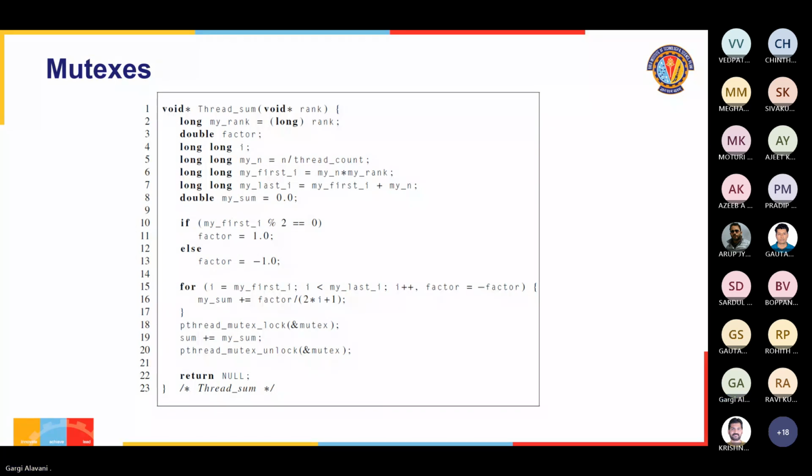We've seen mutex is basically mutual exclusion, and it's a special type of variable that, when we use it with a couple of special functions, can be used to restrict access to a critical section. So in this particular example, mutex is guaranteeing that one thread excludes all other threads while it is trying to execute the critical section and summing it, right?